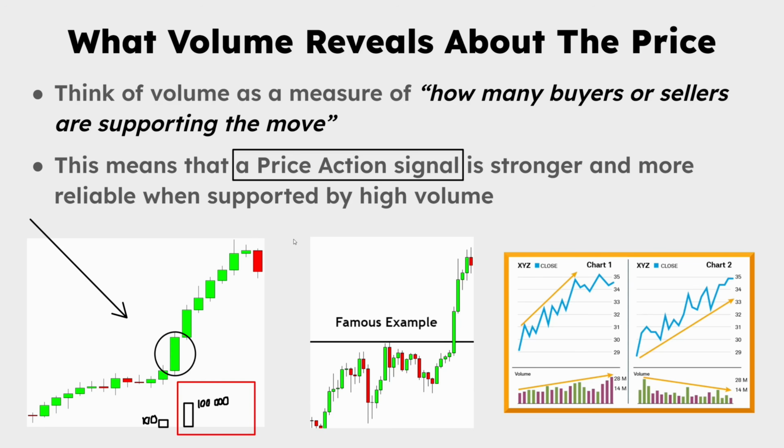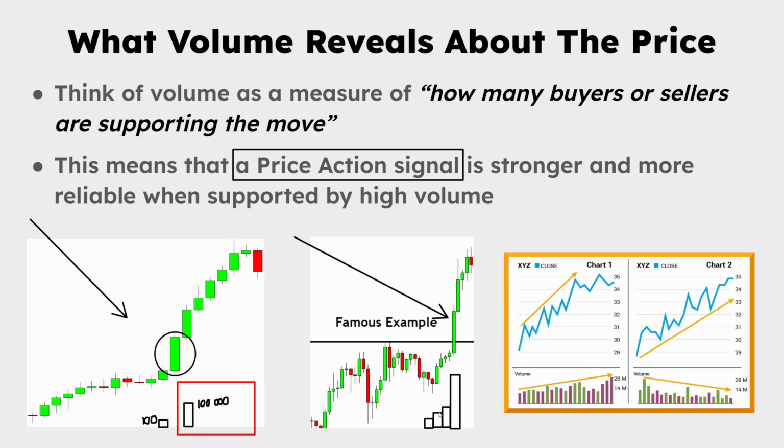And the same thing is also true when we talk about breakouts. So remember the breakout right here. In order for the breakout to be more significant, we want the volume bar during the breakout candle to be larger compared to the previous volume bars.